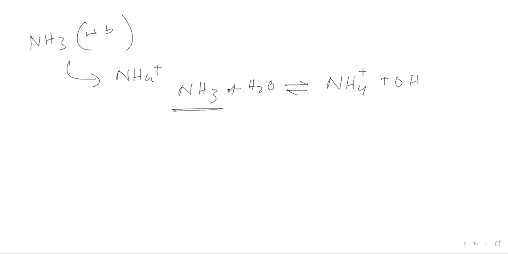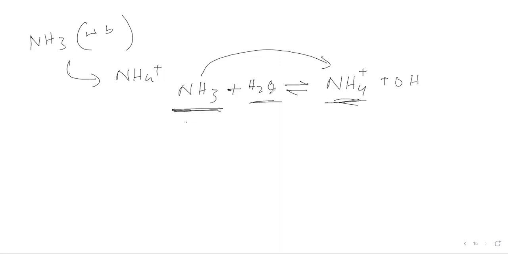If this is a weak base, the opposite to it is what? It formed NH4 plus, so that works as its conjugate. That's what it is known as. And if it is a base, the conjugate is going to act as an acid. So if it is a weak base, the conjugate is going to be a strong conjugate acid.